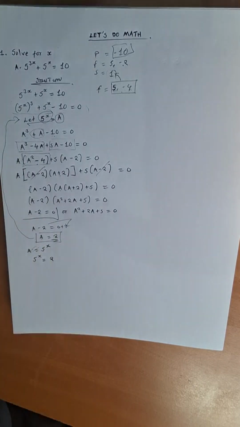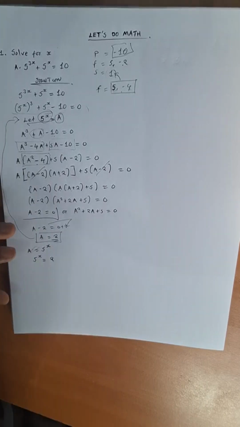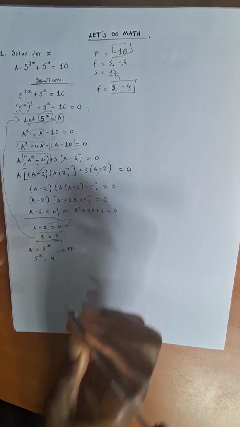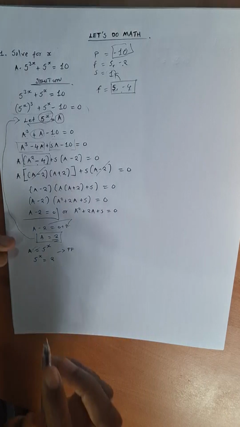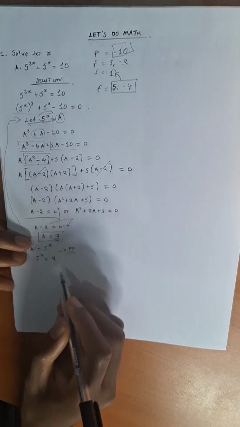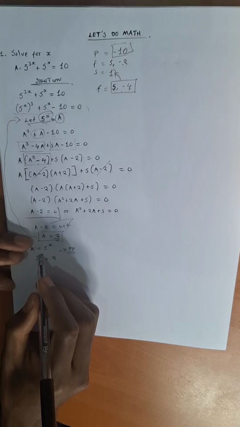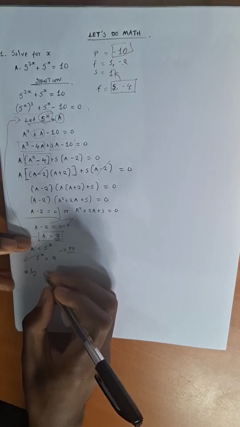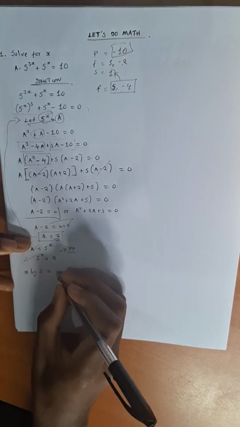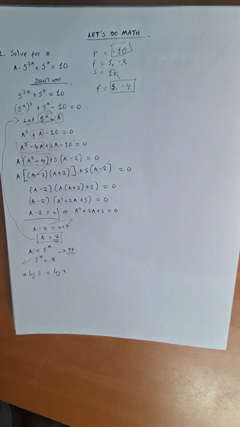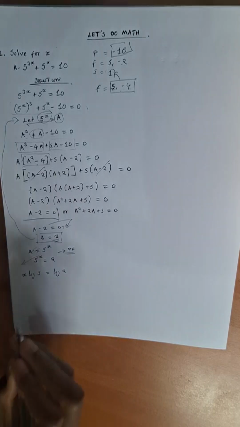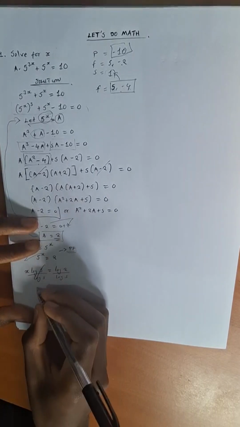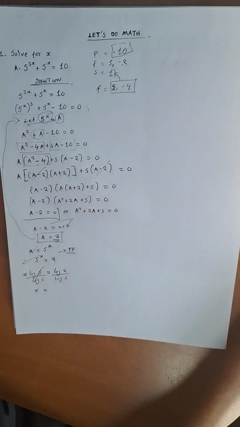Now on this stage, you can easily solve for x by using the rule called power first. When you introduce this rule, bring down the power and introduce logs on both sides of the equation. To make it simple, just divide both sides by log 5.